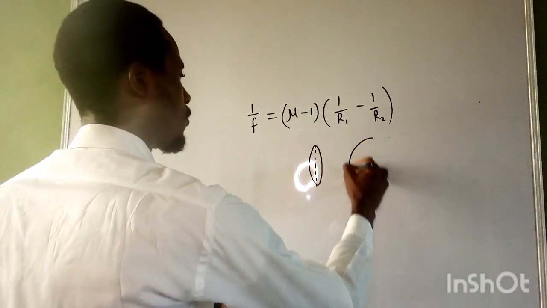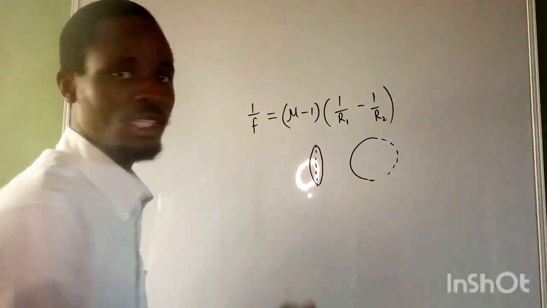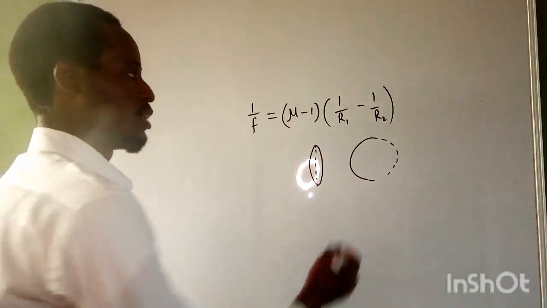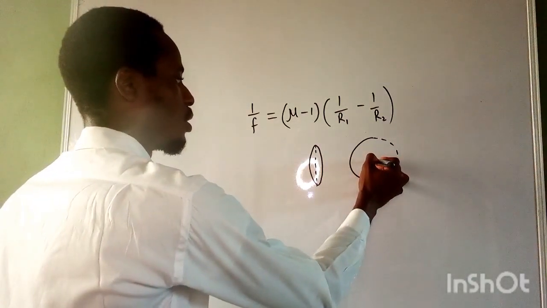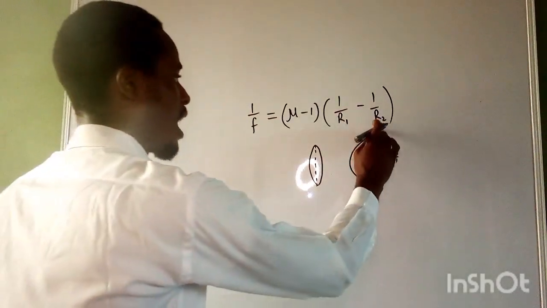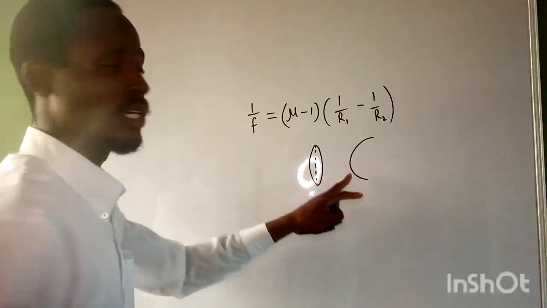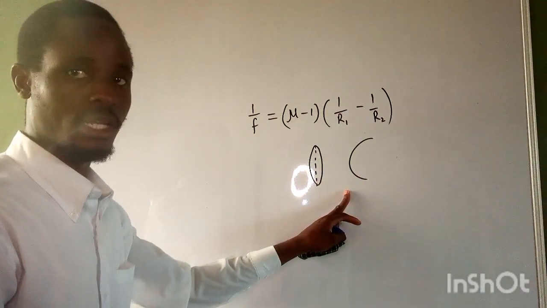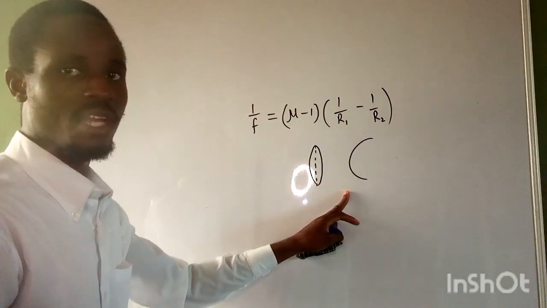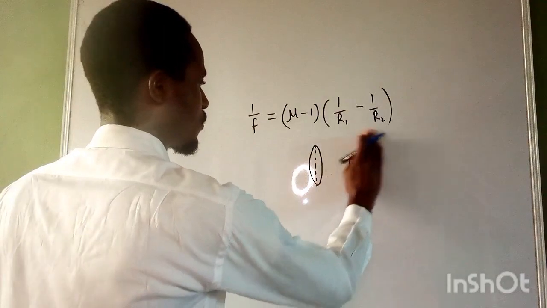When you draw a curve and try to complete it, you form a circle. The radius of this circle is what we term the radius of curvature, because after cutting off one part of the circle, we eventually get our half glass. So the half glass will still have the radius of curvature.